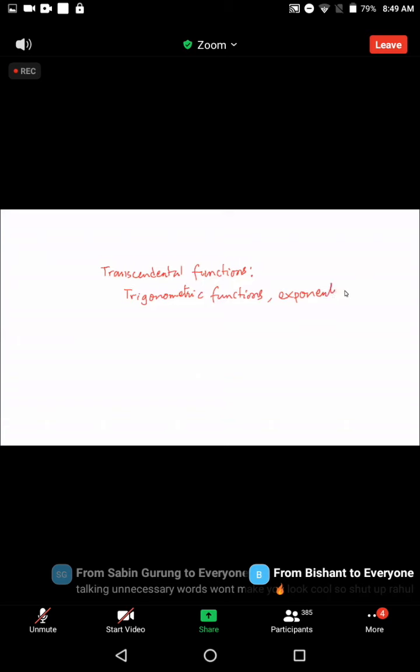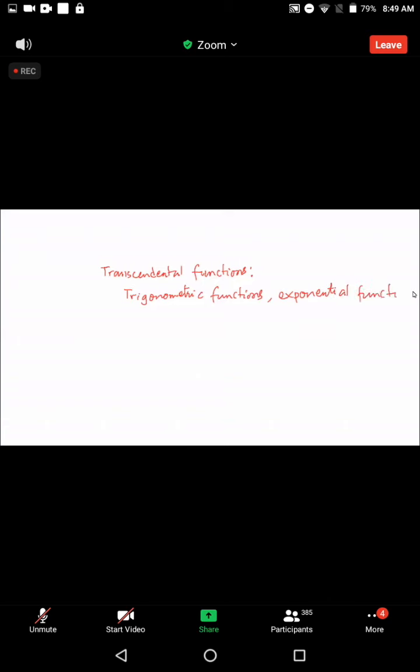And the next, logarithmic functions we get. These are transcendental functions. Trigonometric functions, exponential functions, and logarithmic functions are the transcendental functions.